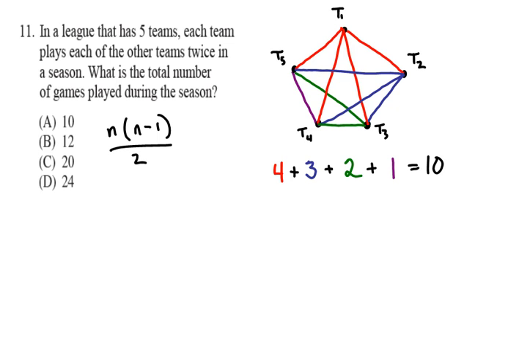But this is only giving us each team playing each other team once in a season. Now we could just do the same thing again and get 20, or you can count every one of the line segments in the diagram as 2 games instead of 1. Team 1 plays team 2 and team 2 plays team 1.